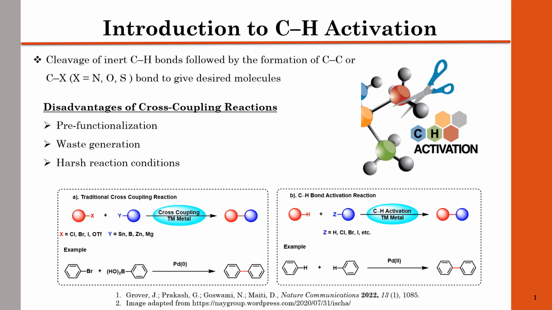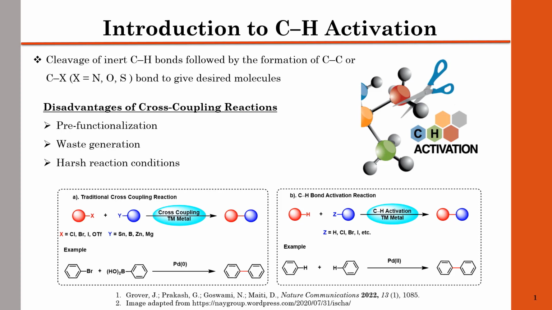In CH activation, a bunch of examples have been demonstrated in the past few years, using rhodium, ruthenium, and palladium catalysts. Here I have listed just one example that uses a palladium catalyst to make a new CC bond through transition metal catalyzed CH functionalization.